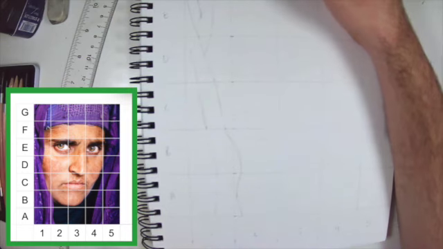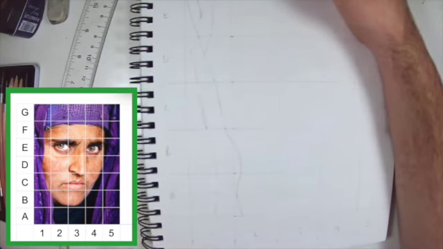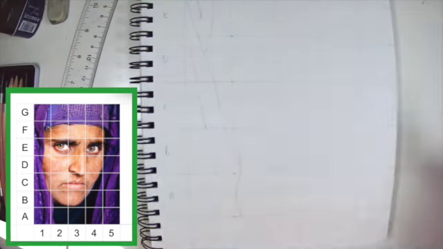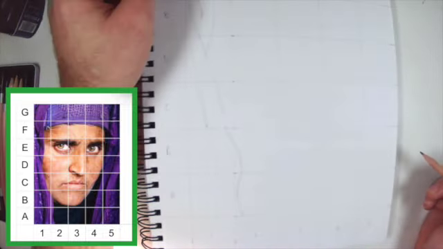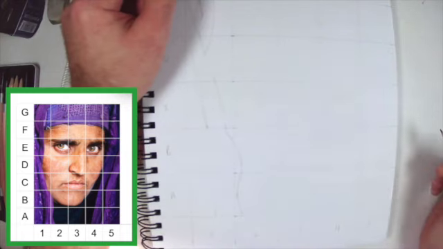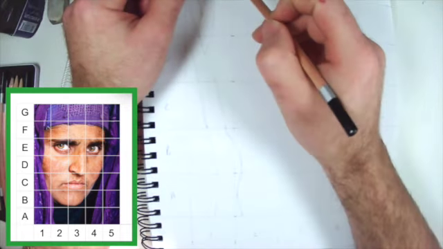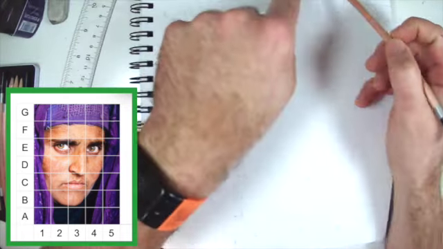All right, so I'm going to continue to do a think aloud of what it is that I'm doing to give you an idea of what the process is for working with this type of image enlargement process.